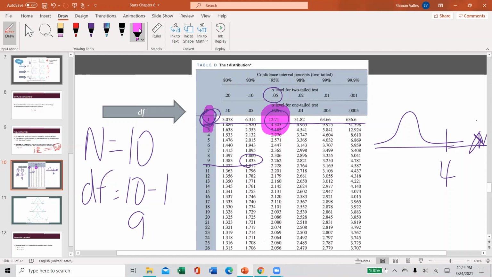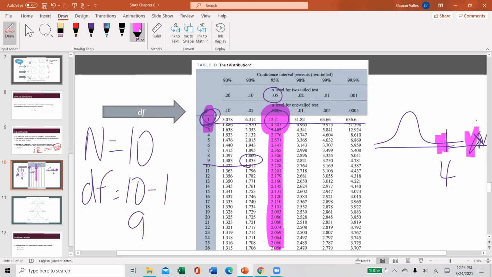You better have a result that you're so sure about that it exceeds 12.71.